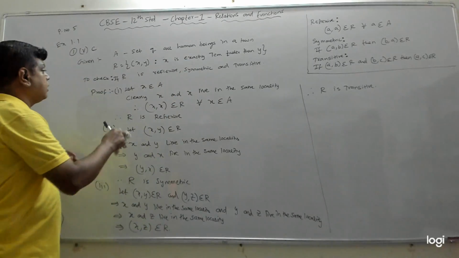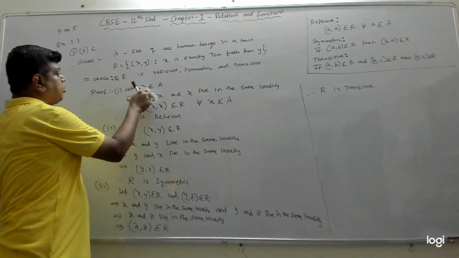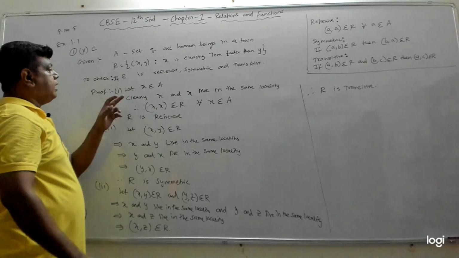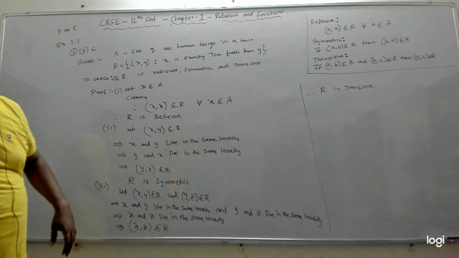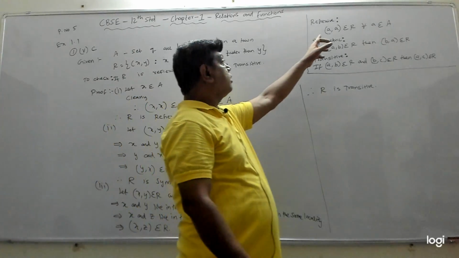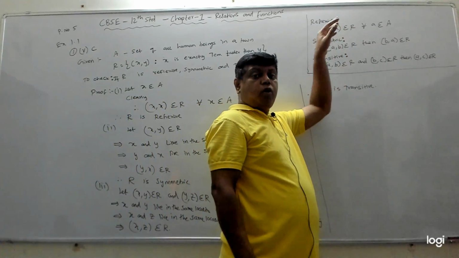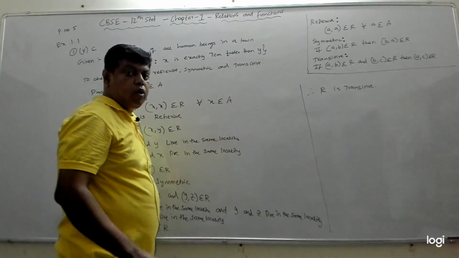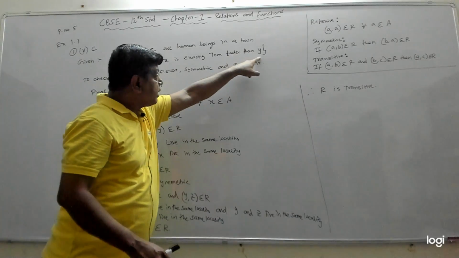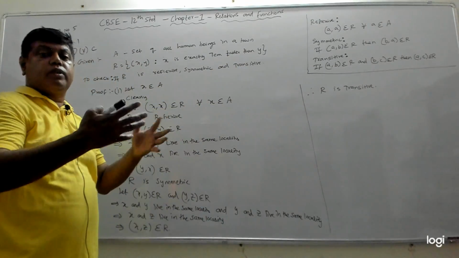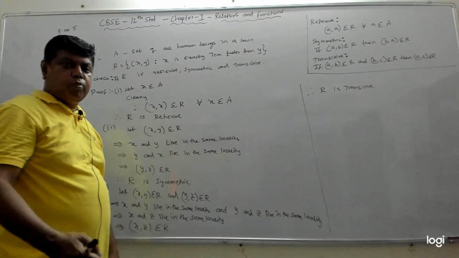Now we will take an element x belongs to A. We need to check whether x comma x belongs to R. X comma x will belong to R if x is exactly 7 centimeter taller than x. How can x be 7 centimeter taller than himself? That's not possible, right?